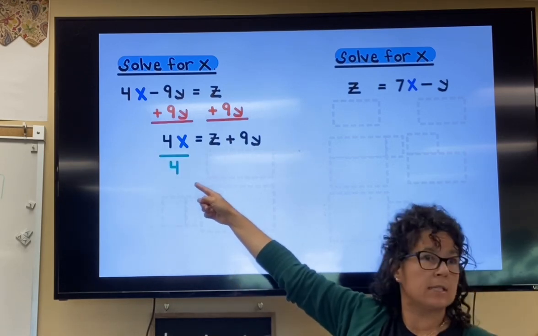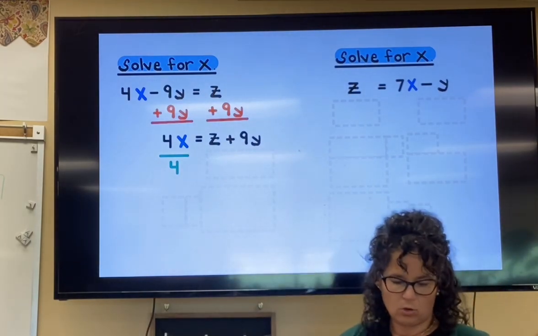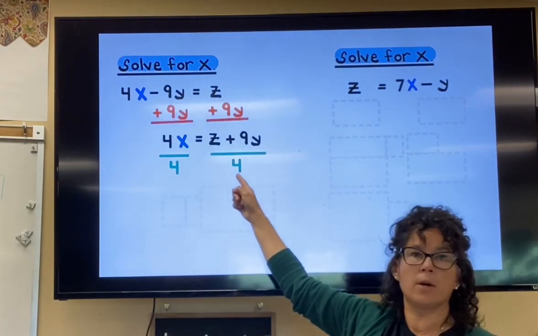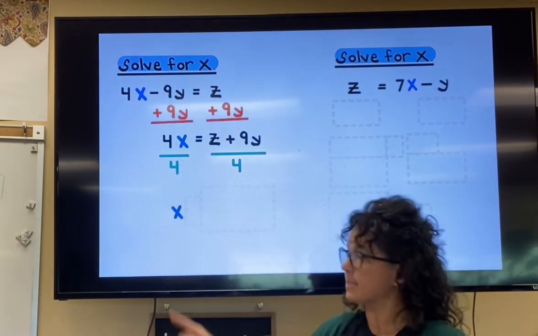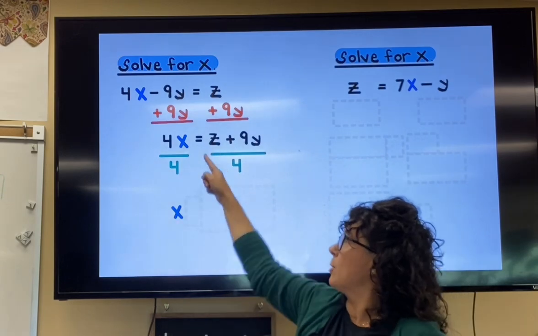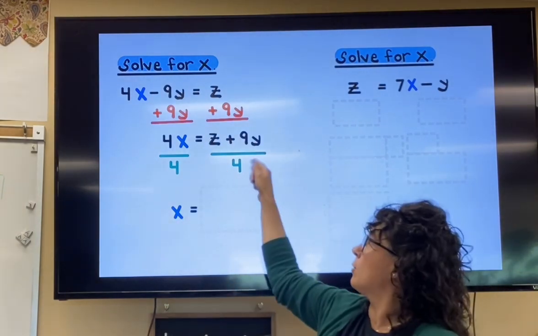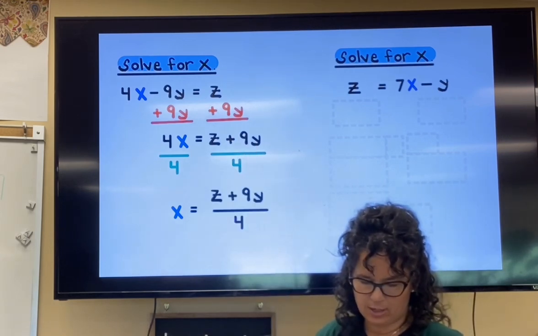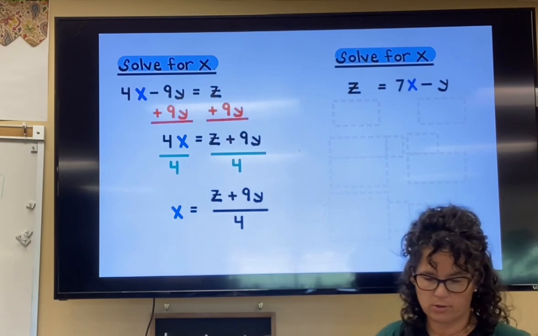What I do to one side of the equal sign, I do to the entire other side. So the whole thing over 4. This 4 got rid of that 4, so x is now by itself on the left side. Let's bring down that equal sign. And then the right-hand side is the fraction z plus 9y all over 4.